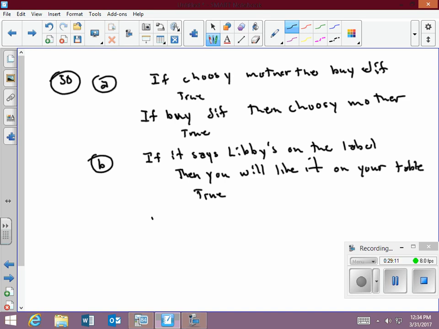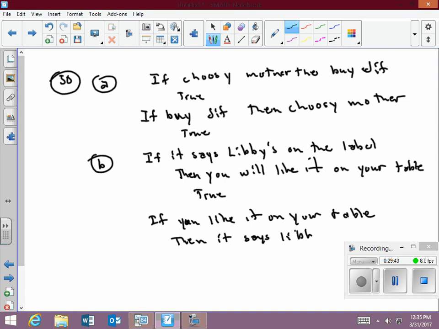Then if you like it on your table, then it says Libby's on the label.